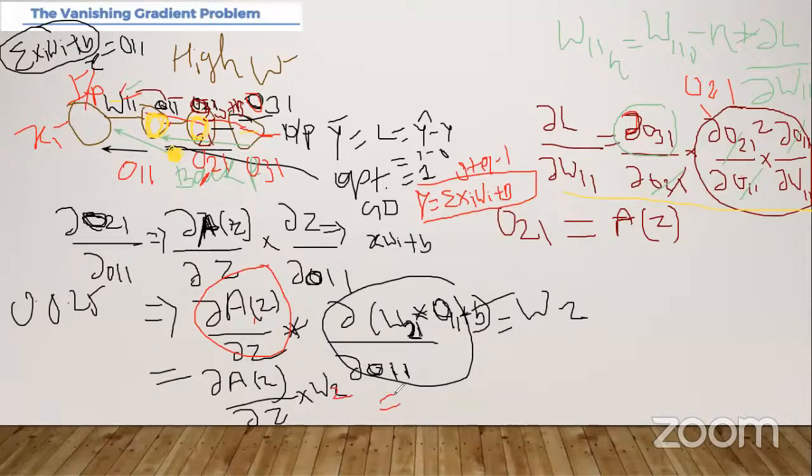So how will it go further? It will become like 0.25, let's say. And this new weight, if let's say I am giving 500, what I am saying is, if I take a very high weight, what will happen?